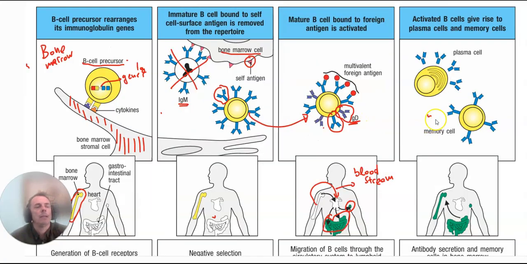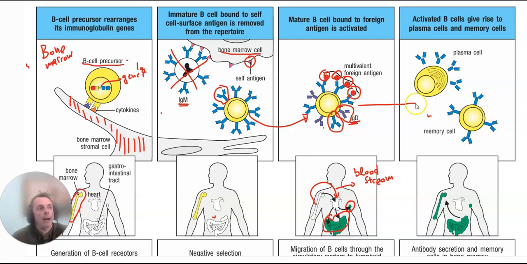Once in the secondary lymphoid tissues, and now that they are mature and express both IgD and IgM, they can be activated by encounter with their specific foreign antigen. This happens in the peripheral lymphoid organs.